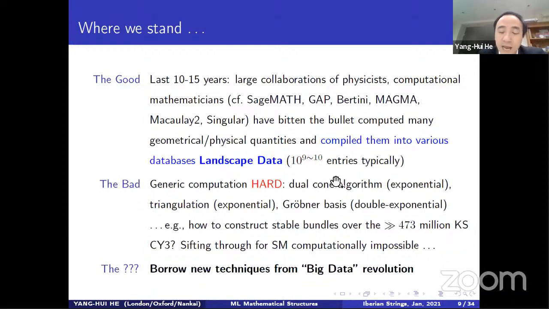The bad thing is that any generic computation involved in this is hard in the complexity sense. If you want to do toric varieties, the dual cone algorithm is an exponential running algorithm. If you want to do triangulation of toric varieties, it's also exponential. The most difficult bottleneck to computational algebraic geometry is the establishment of the Gröbner basis.